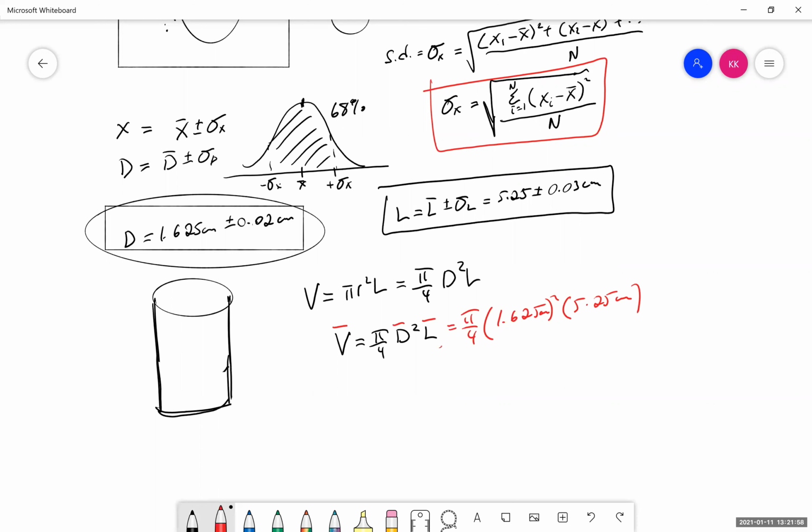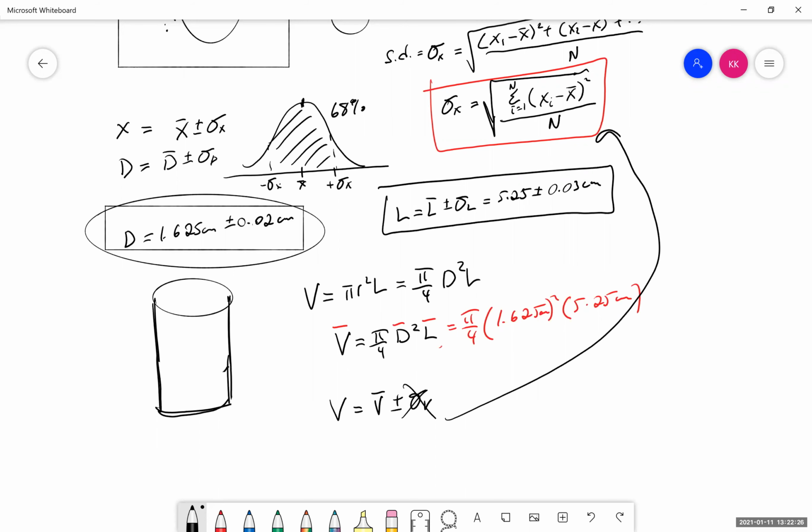But now I still need to represent this as an experimental quantity, which is volume, in terms of its average and in terms of its uncertainty. How do we do that? Well, this sigma is not the same sigma over there. That means we cannot really use that equation for this type of calculation, because this one is for a derived quantity rather than a measured quantity.